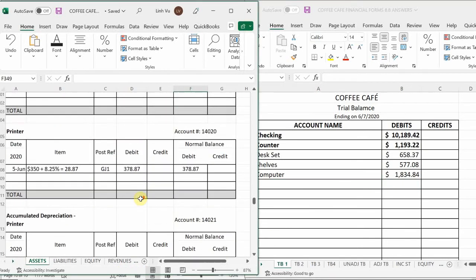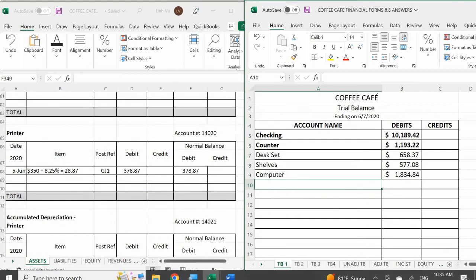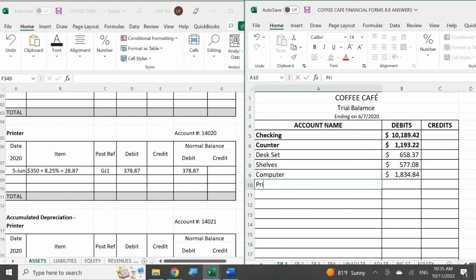I ended up buying a printer, didn't I? So in this case, printer. How much was my printer? $378.87. Okay. So make sure that it's 37887.